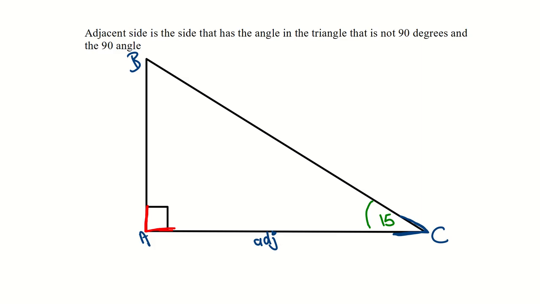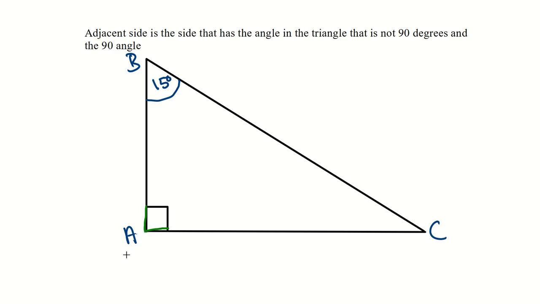Now, similar to opposite, it will all depend on what angle is given. So if here is 15 degrees, and let's call this A, B, C, you're going to do the same thing.